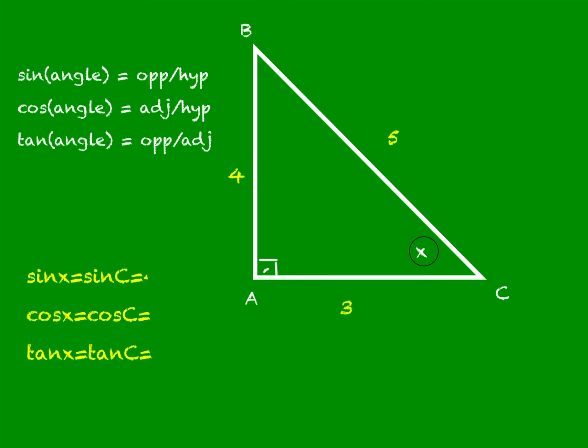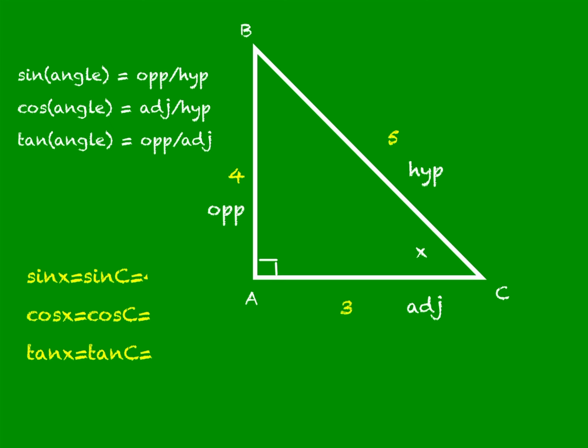Our angle is here. So, where is the 90 degrees? The 90 degrees is here. So the side opposite the 90 degrees is the hypotenuse. The side opposite x is the opposite side. The neighbor of the x angle vertex is the adjacent.